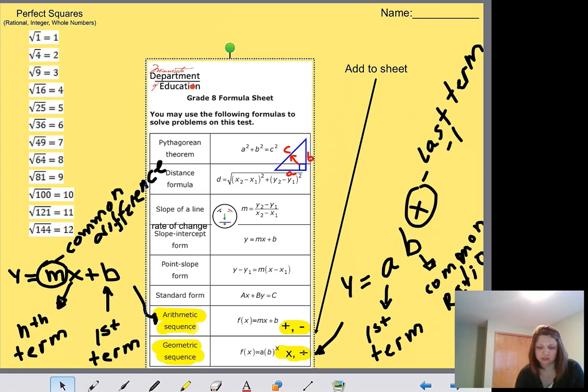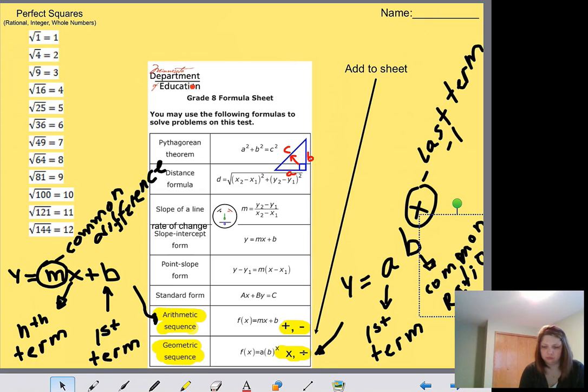So y equals a times b to the power of x, where a stands for the first term of the sequence, b is the common ratio of the sequence, and I will show you how to calculate the common ratio, and x will be the last term minus 1. So it's always the term we're looking for, minus 1.